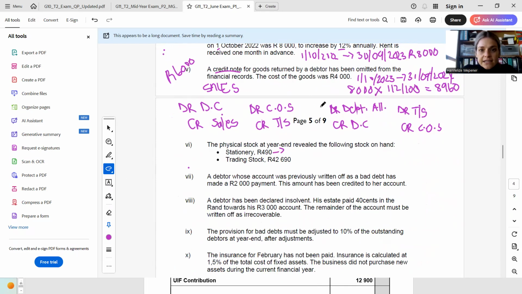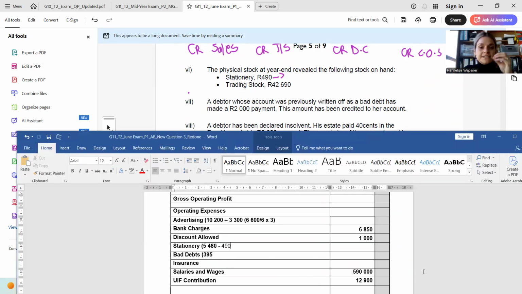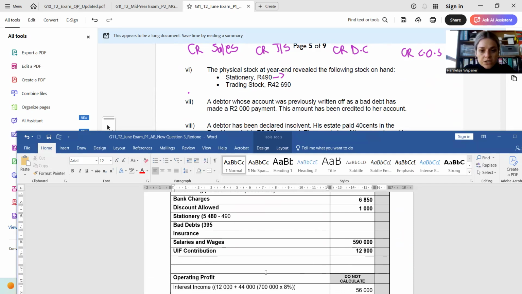They are saying that I counted only 42,690. Remember, you must always reflect in your financial statements the physical stock that you counted, because that is the accurate figure. Otherwise, I can say I have 200,000 Rand trading stock, but actually I only have 100,000 Rand. So it's part of the accuracy of your financial statements. So you physically have less than what you thought you had. So you have a trading stock deficit.